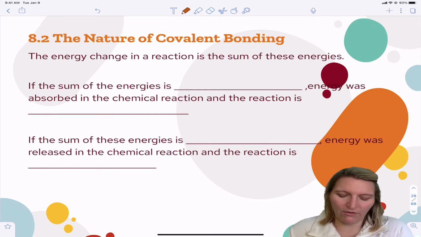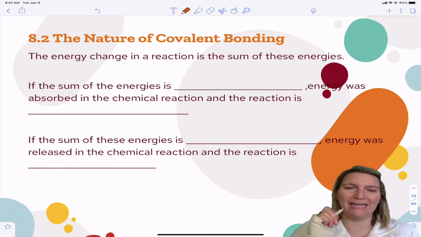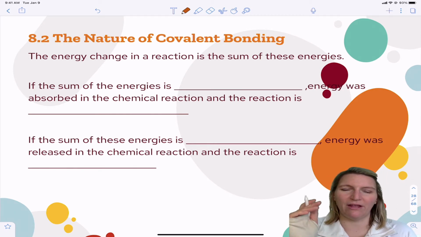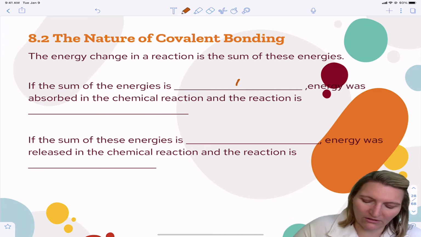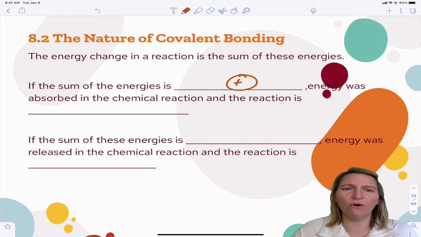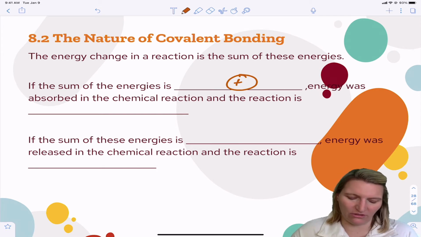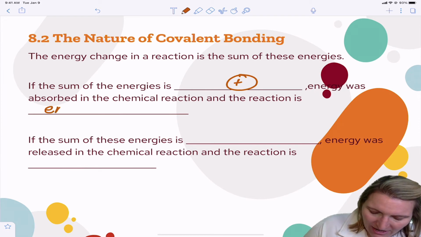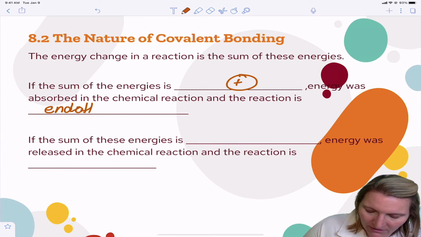The energy in is positive, and the energy out is negative. If the sum of those energies is positive, that means overall we've added energy into the reaction. Energy was absorbed, and we call that reaction endothermic.